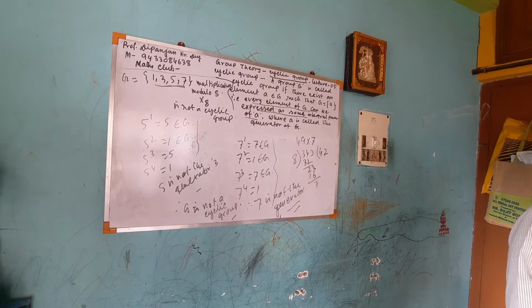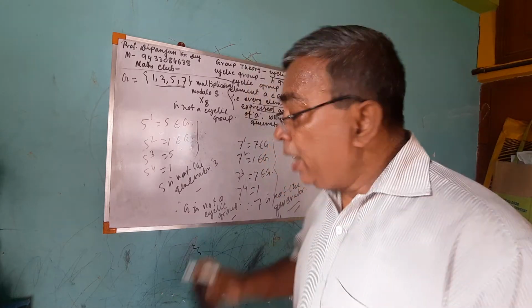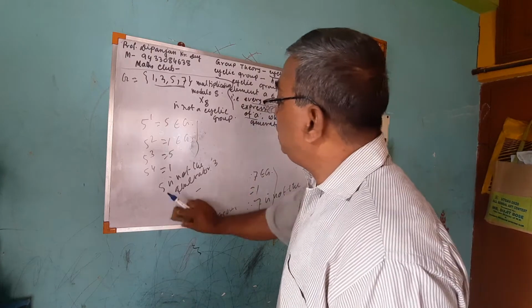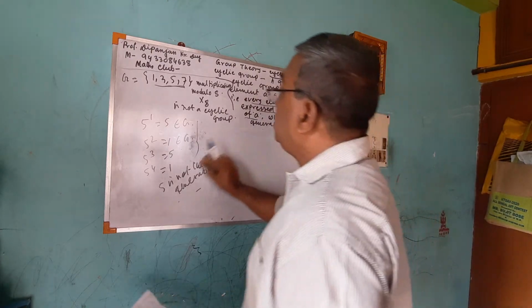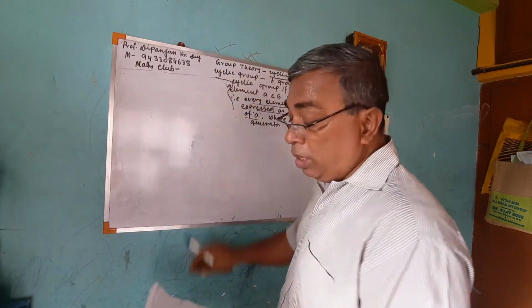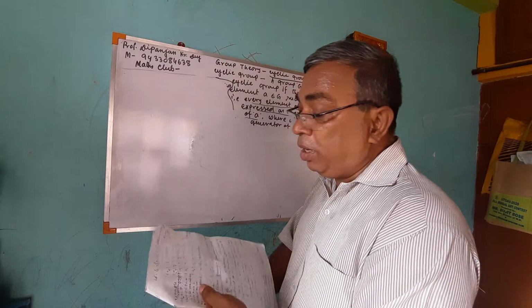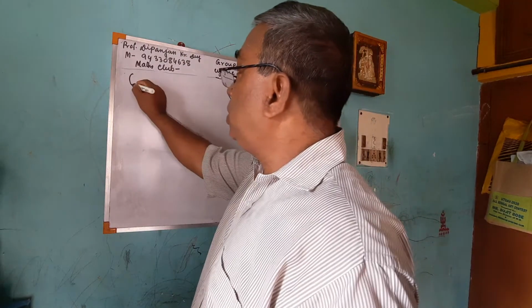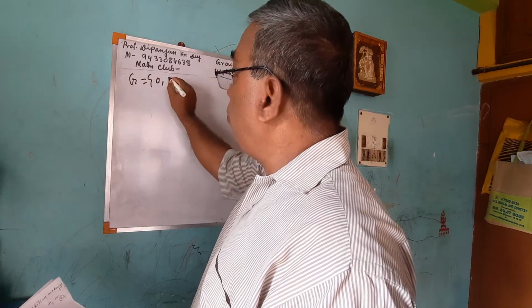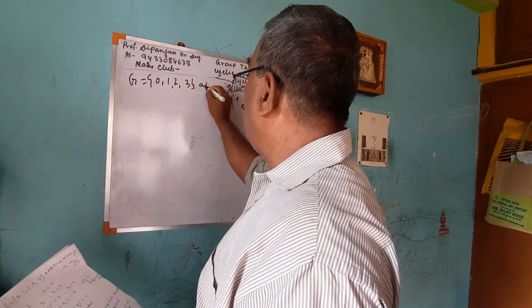Once again, another thing I can say: addition modulo, I am taking. Addition modulo is a cyclic group. I have to show this very important example, so I'm just changing my marker. Just see this example, G equal to {0, 1, 2, 3, 4} under addition modulo 5.